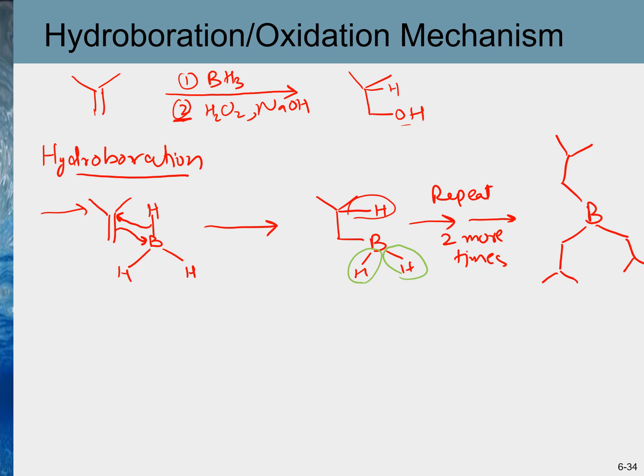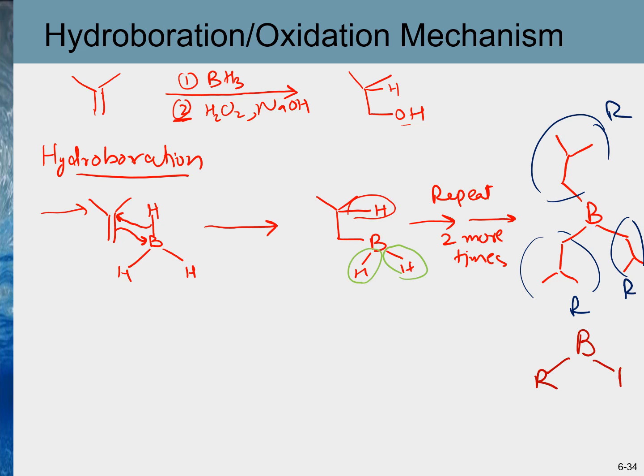For the next step, I'm going to call these big alkyl chains R groups, because it's not possible for me to draw these bulky alkyl chains multiple times. So I'm just gonna call these groups R groups. So therefore this product of hydroboration reaction will be represented by this molecule.